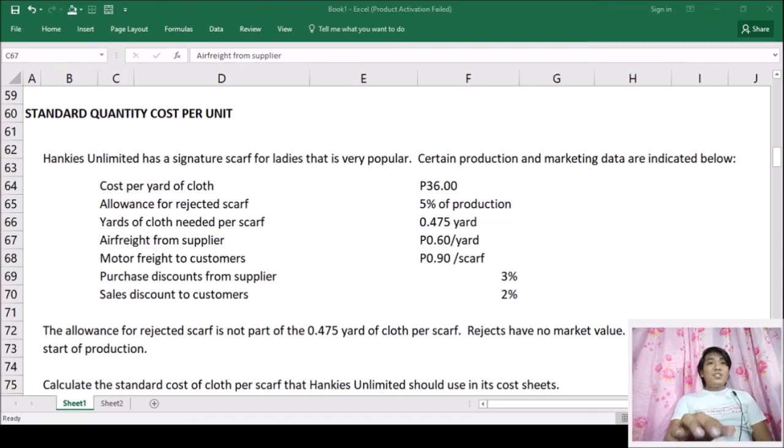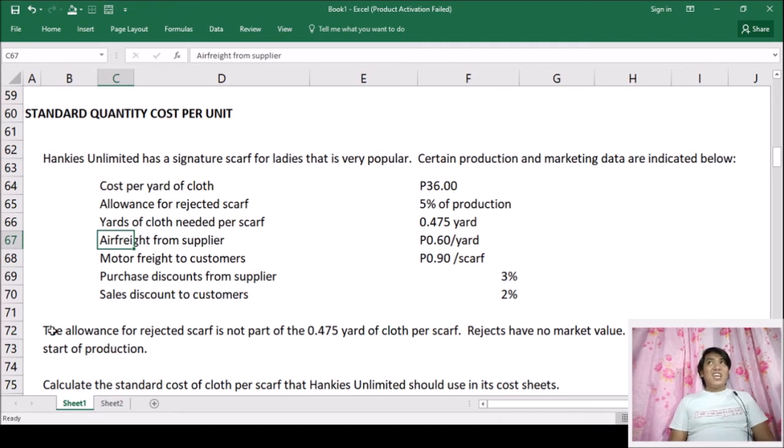The allowance for rejected scarf is not part, take note, this is a very important statement. The allowance for rejected scarf is not part of the 0.475 yard of cloth per scarf. Ibig sabihin, the 0.475 yard does not include yung na-reject.